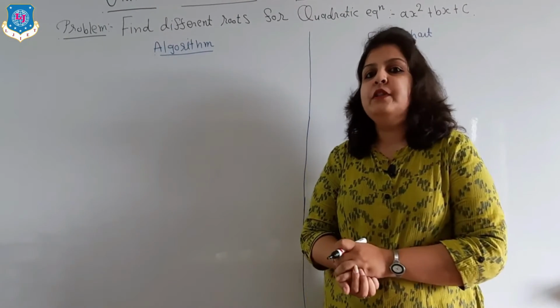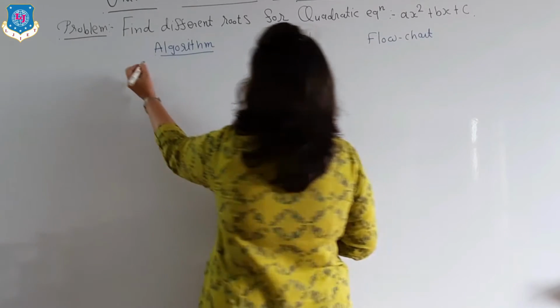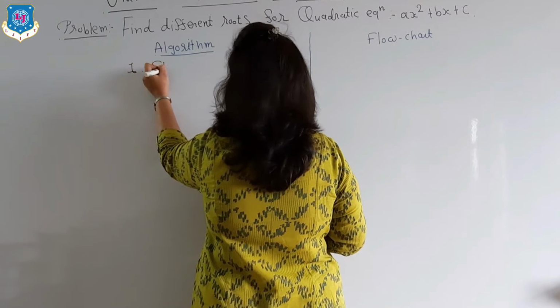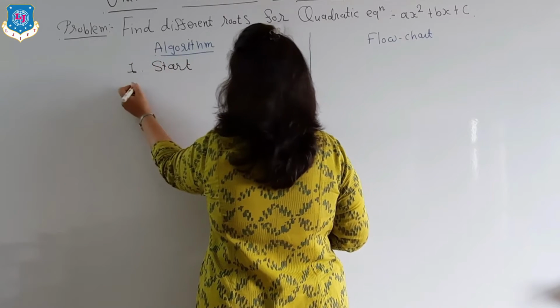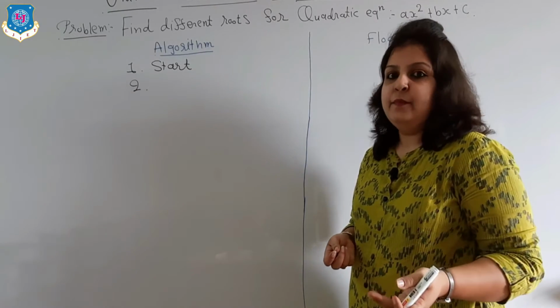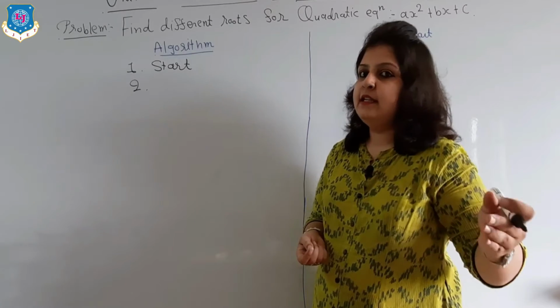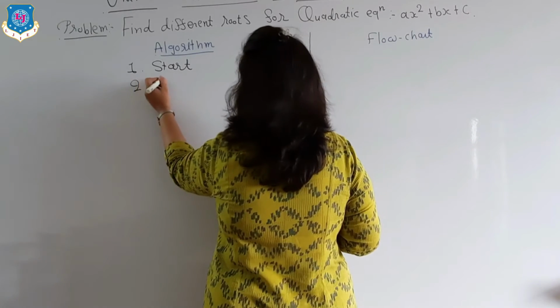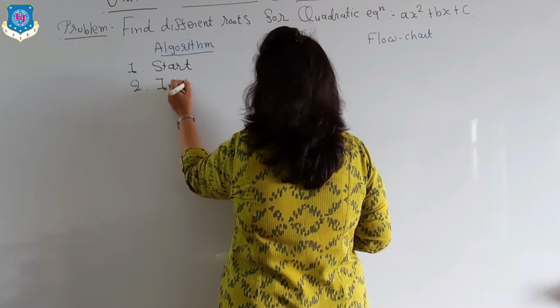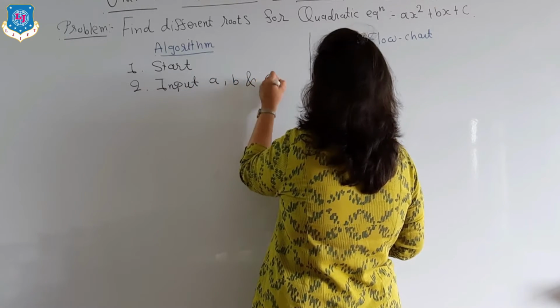We already know that in an algorithm our first step is always start. So write down start. Then the next step is input, which is enter the value of a, b and c. Here we can write input a, b and c.